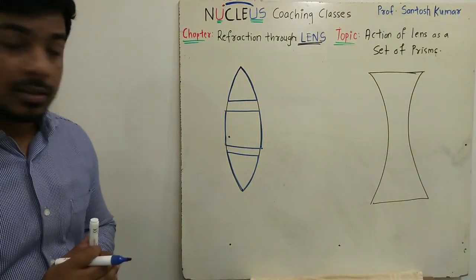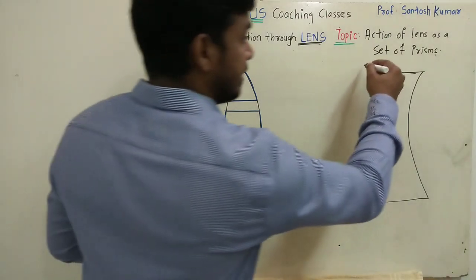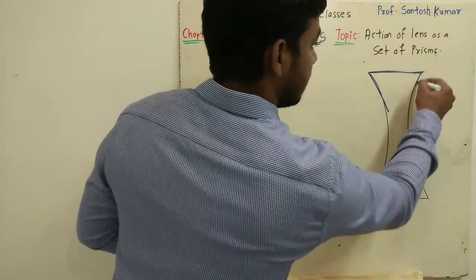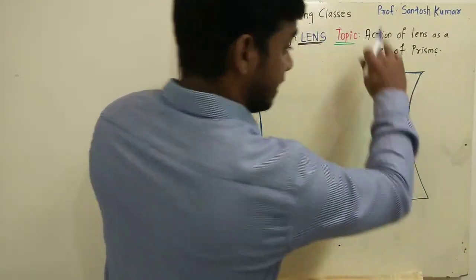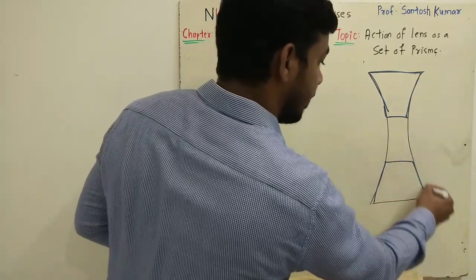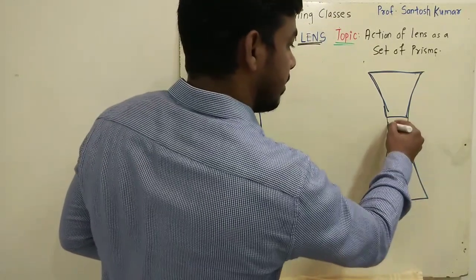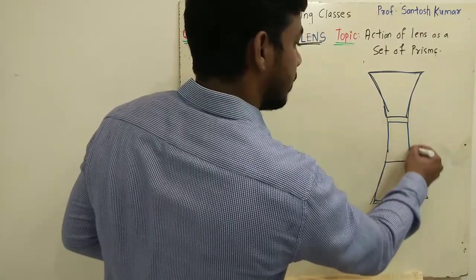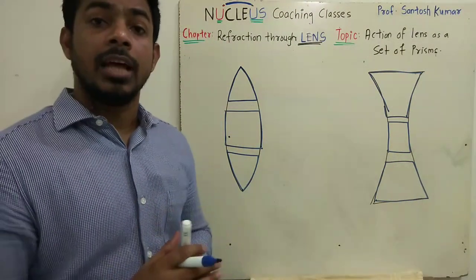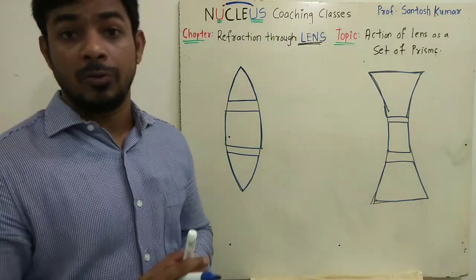Can you see it? In the same case I can say that at the top there is some prism which is kept inverted and at the bottom there is also a prism, and at the middle there is a rectangular glass block. Remember, a rectangular glass block never diverges or converges a beam of ray.